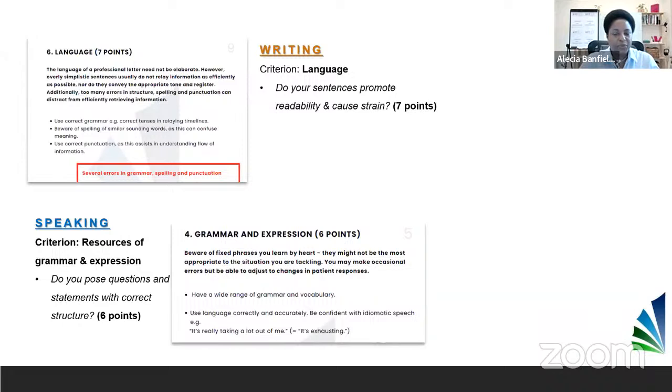So when your grammar is incorrect, you can almost say that your listener or your reader is only getting half of the information. The other reason why grammar in OET is important is because when your grammar is wrong again and again and again, especially if it is being read by a native English speaker, in England, Australia, America, in other words, the countries where many of you plan to apply to work, it's distracting.